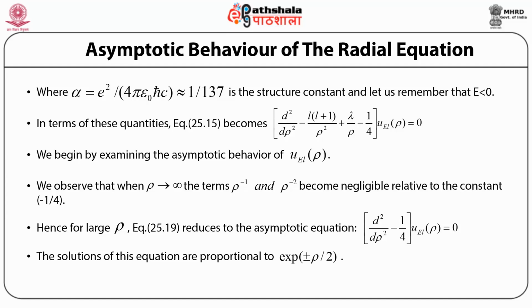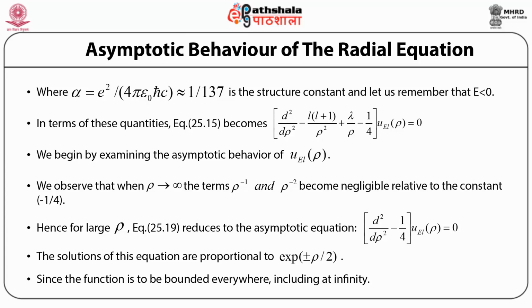So the solutions of this equation are proportional to exponential of plus minus rho by 2. Since the function is to be bounded everywhere, including at infinity, we have to retain only the exponentially decreasing function.